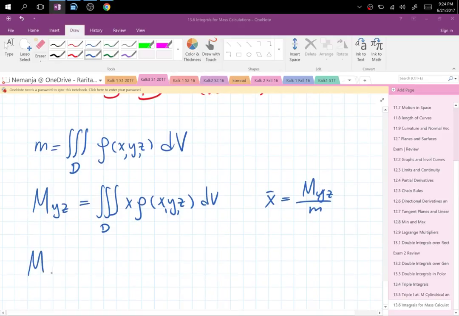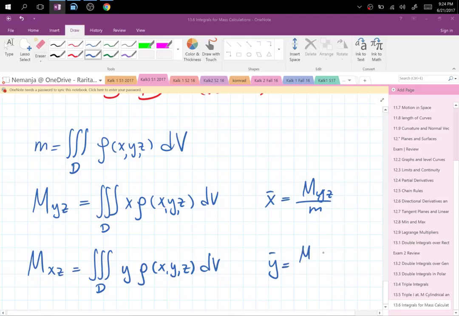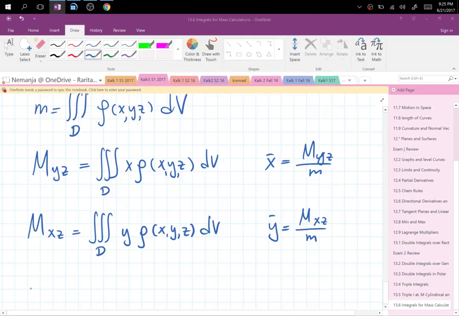Then we have the moment on xz, which is the triple integral region D on y rho xyz. It's very systematic. Y bar is mxz divided by the mass we calculated earlier.